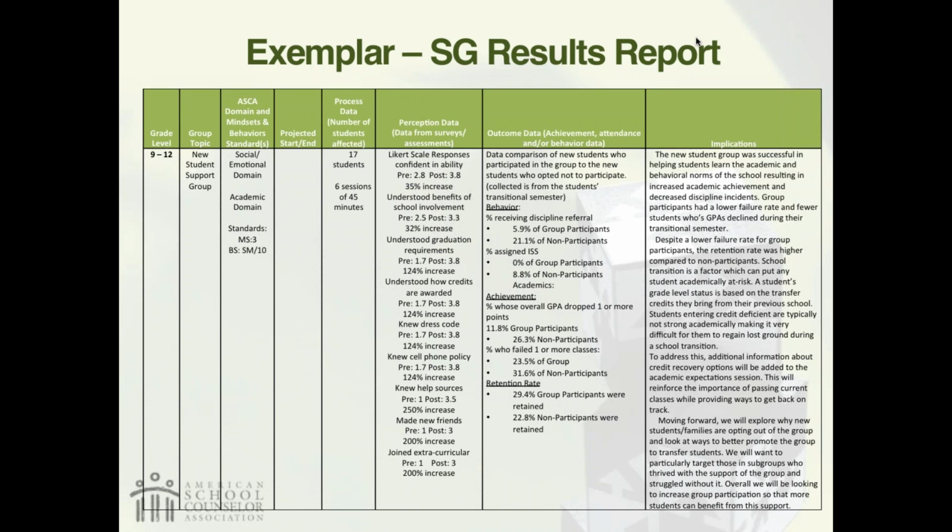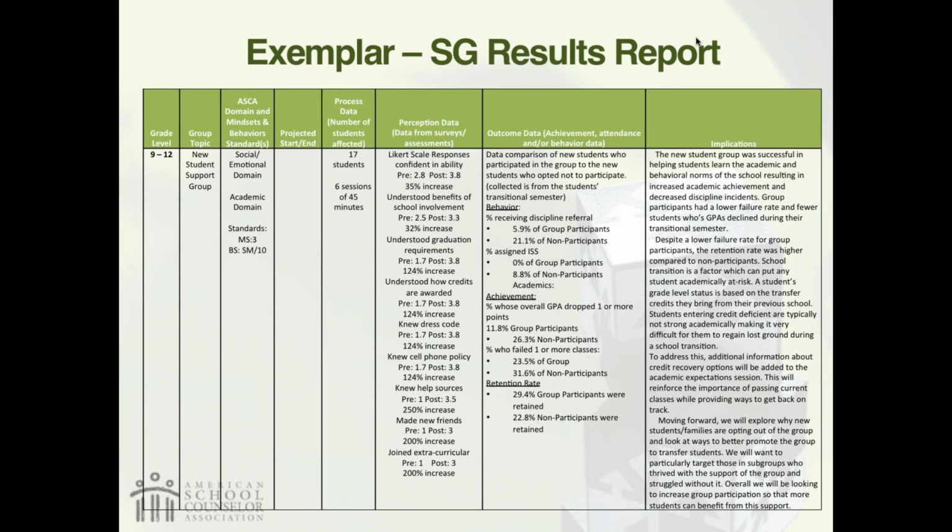Their achievement data was a comparison of both behavior and achievement. They looked at the percent of students who were new that received discipline referrals, and they compared the group participants to those who were non-participants, who were also new but didn't participate in the new student group, which I think was kind of brilliant.